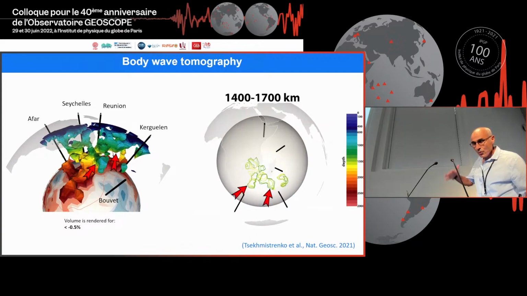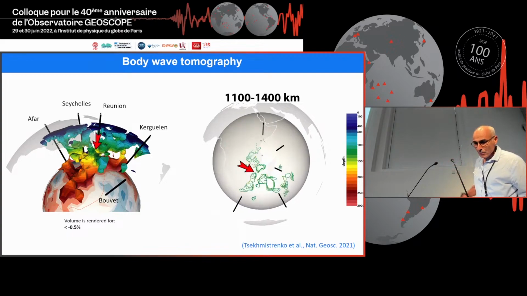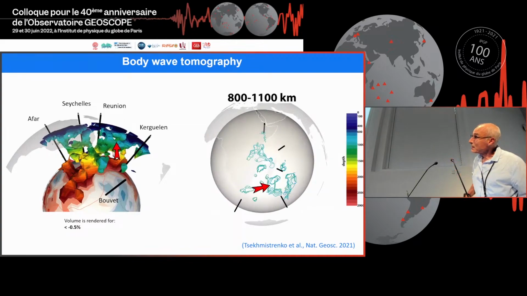Going upward, the structure also separates into different branches, going southeast toward Kerguelen, northward toward Afar, and northeast toward La Réunion.